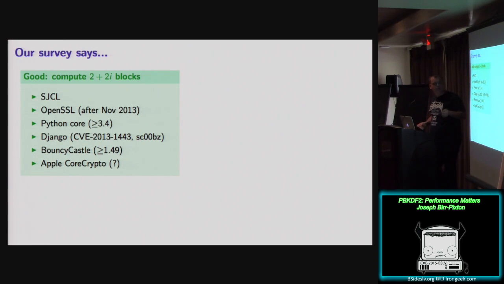That means that if you send a Django web server, say, 0.5 megabyte of password, it will duly hash that every single iteration. And this will take minutes, hours of CPU time, and it will not end well.